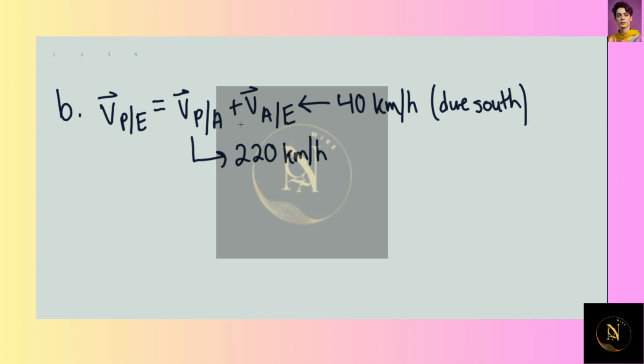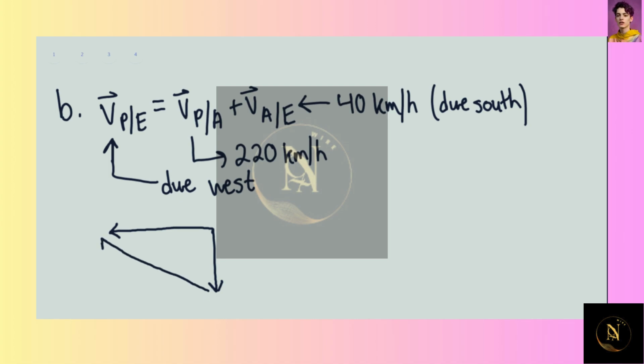So these vectors have different values than in part A. The direction of the velocity of the plane relative to the Earth is due west, but we don't know its magnitude. So we can create a little diagram. This is not to scale, but it will help us evaluate.